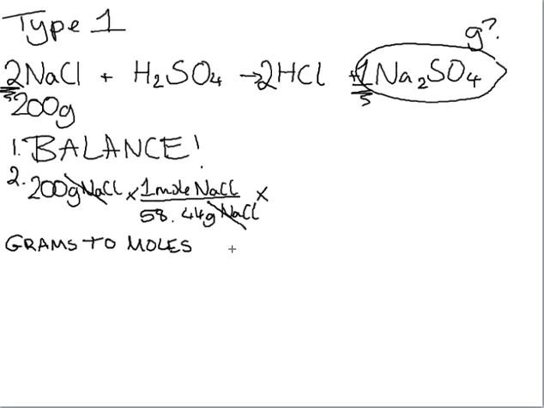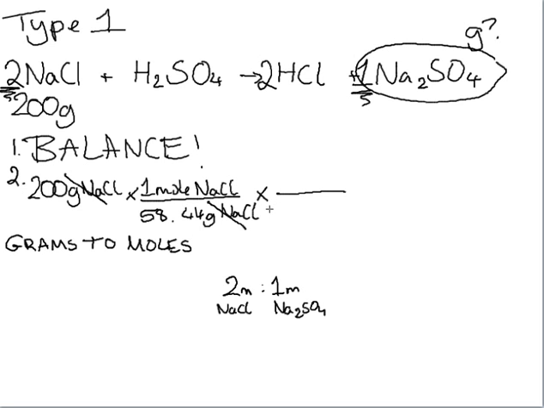The ratio is that for every 2 moles of NaCl, you'd get 1 mole of Na2SO4. See, for every 2, you'd get 1. So this is the ratio. So how would we write it down here? How would we use it in this multiplication?